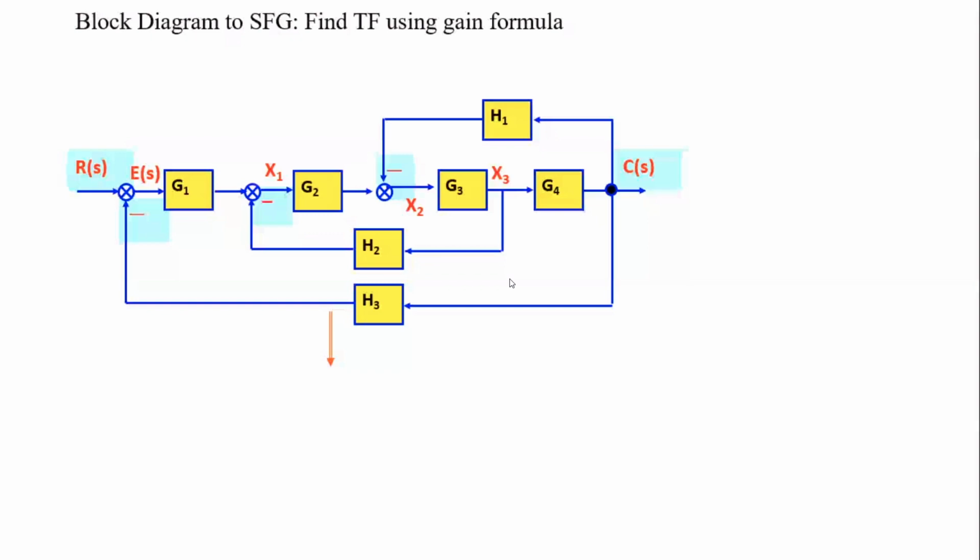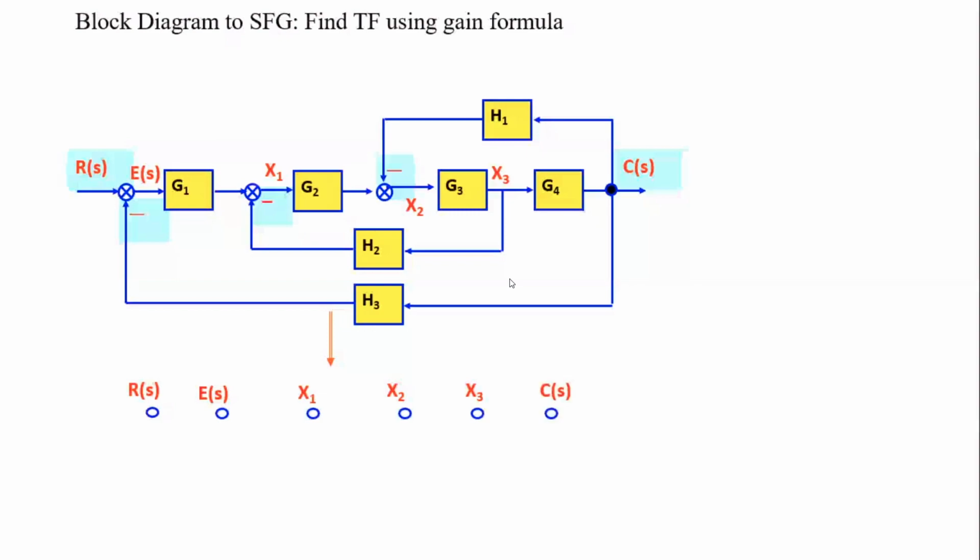Input to G1 is E of S, input to G2 is X1 of S, input to G3 is X2 of S, input to G4 is X3 of S. So we will have E of S as a node, X1 as another node, X2 as a third node, X3 as a fourth node, and output C as a fifth node. So first one is R of S, E of S, then X1, X2, X3, then C.